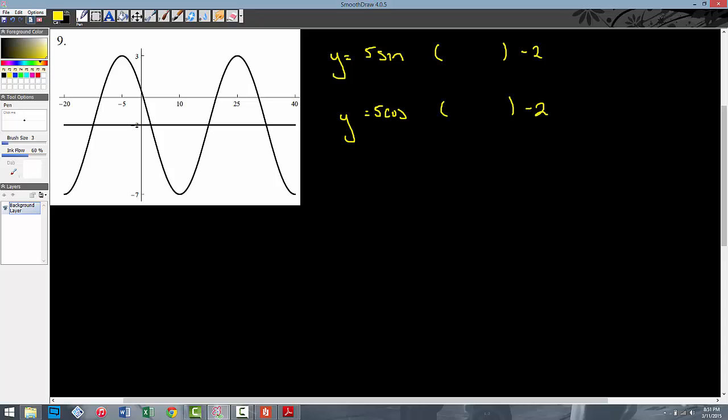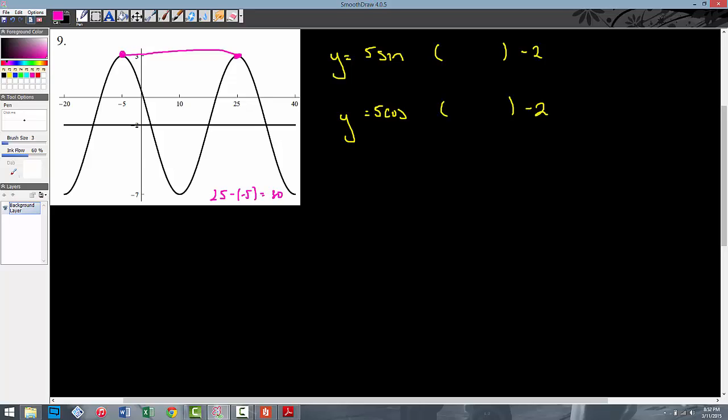Now, to find the period. Well, notice how I don't have any increments of measure in this one. So since I don't have any little degree signals, this -20 and this -5, I'll assume that it's in radians, and you should too. So, what is the period of this function? Well, if I go from peak to peak here, the distance between them is 25 minus -5.